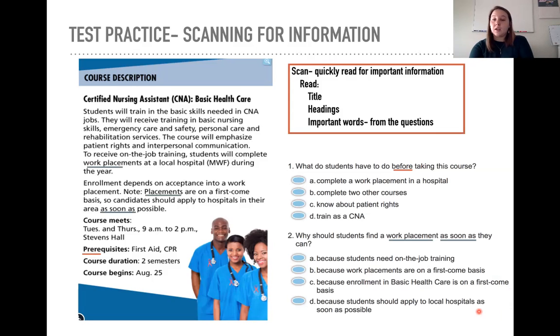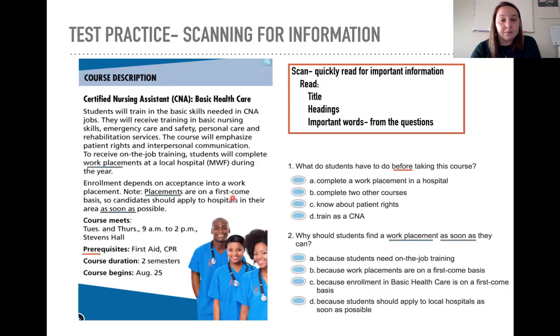So, we are looking for the reason why they should apply as soon as possible. D just tells us they need to apply as soon as possible, but it doesn't tell us the reason. It just tells us what they need to do. So it's not D.